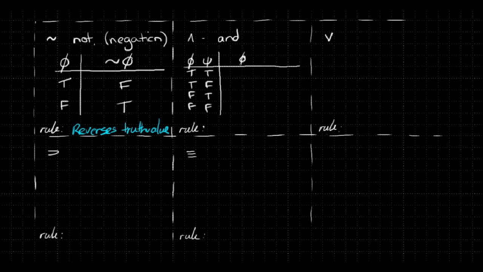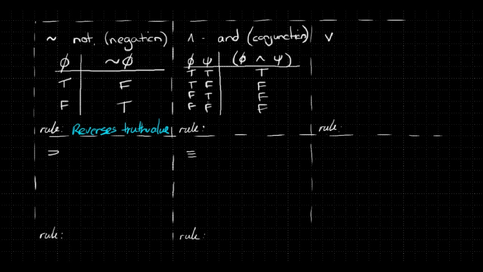So our formula is going to be phi and psi, and the way that the AND operator works, as I'm sure you know, is that it's going to come out true only when both of the conjuncts are true. So we should say this is also called a conjunction. Okay, so true true is going to be true, true false is going to be false, false true is going to be false, and false false is going to be false.